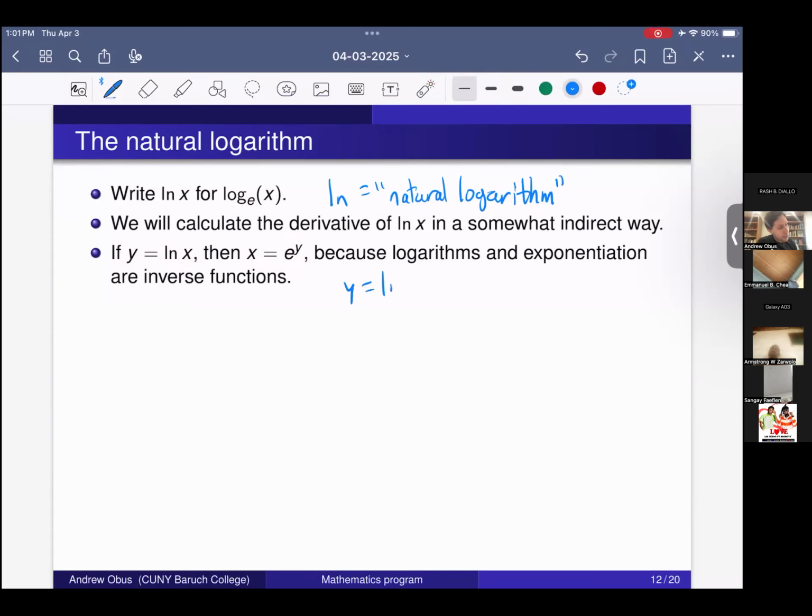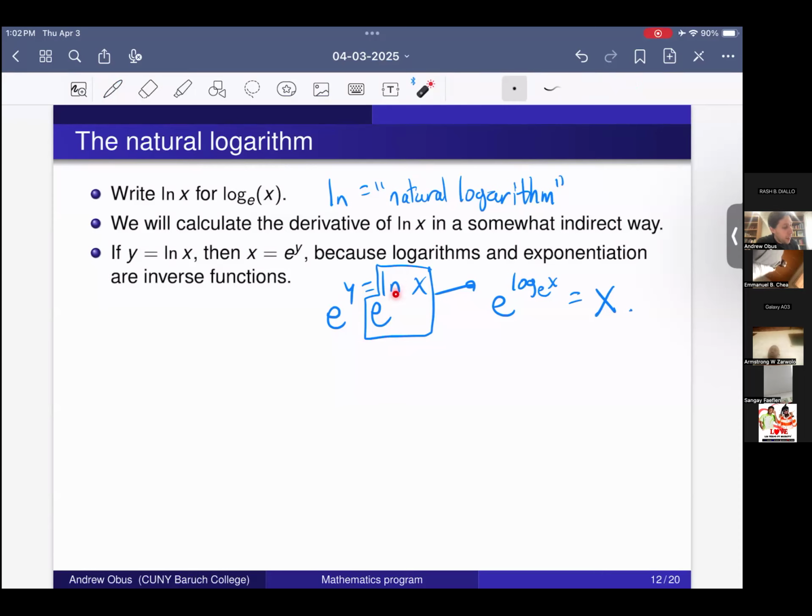If I have y equals ln of x, then e to the y is equal to e to the ln of x. But what is this e to the ln of x? This is equal to e to the log e of x, and we've already seen that e to the log e of x is just x. So basically, e and natural log cancel each other out.